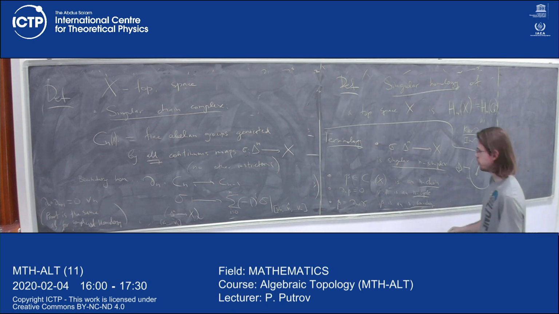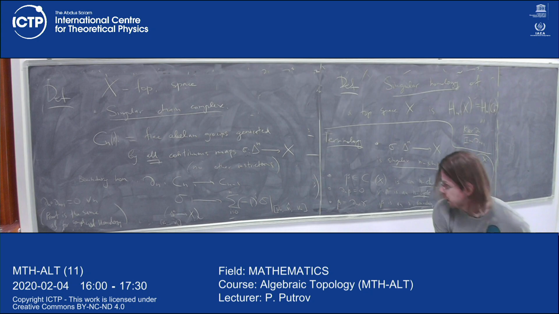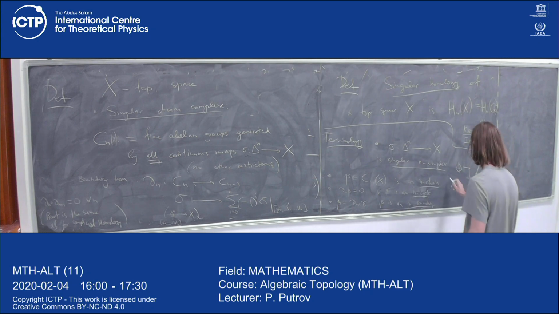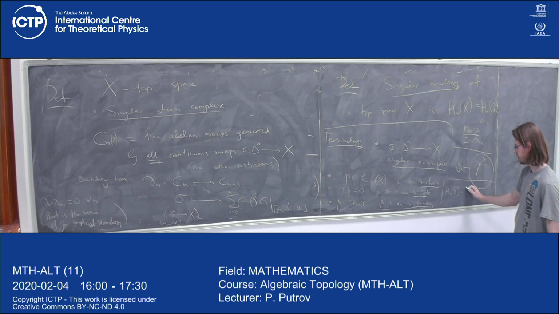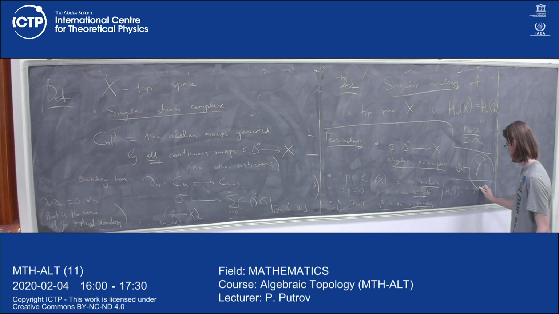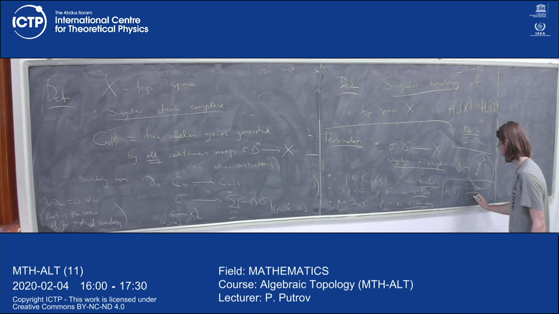So using this terminology, one can informally, without being precise, write that H_n of X is a quotient of the abelian group generated by n cycles over n boundaries.